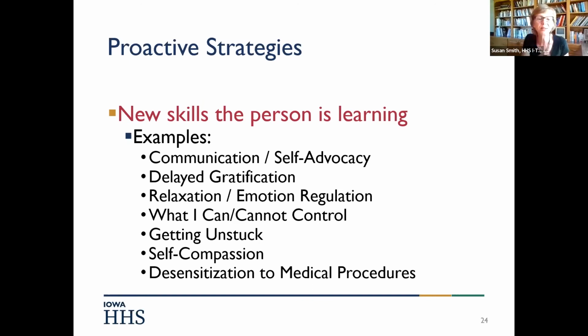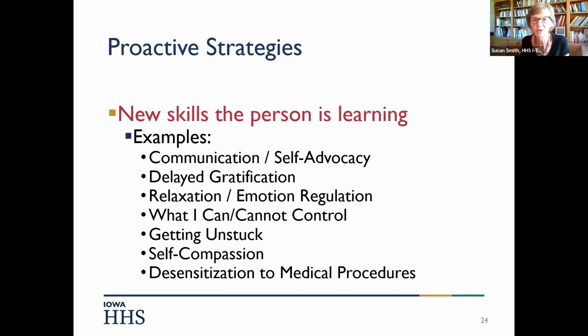So next slide. Oh, the desensitization to medical procedures. That's really important too. Those would be skills that would help people very early in life. I encourage families that have children with autism to start those at age 4, get out of the bathtub and start getting used to having a tongue depressor and something looking in your ear. Because when people are desensitized to medical procedures, it's going to result in them getting better, more inclusive medical care.